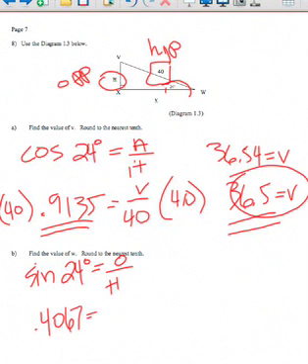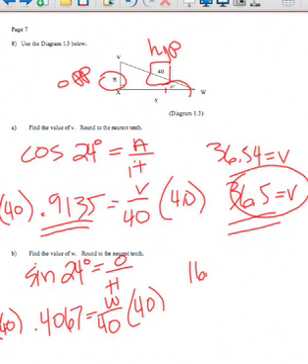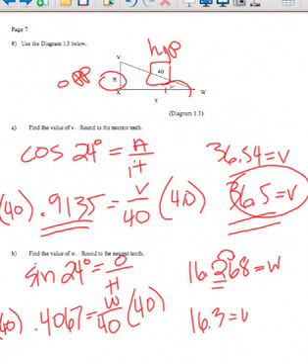The opposite is the variable w, and the hypotenuse is still 40. And in order to isolate it, multiply both sides by 40. 40 times 0.4067 leaves us with 16.268 equals w, round to the nearest tenth. This time we're going to round up to 16.3 equals w.